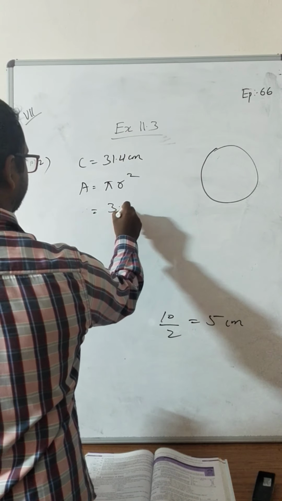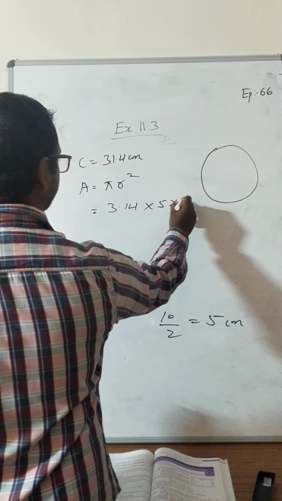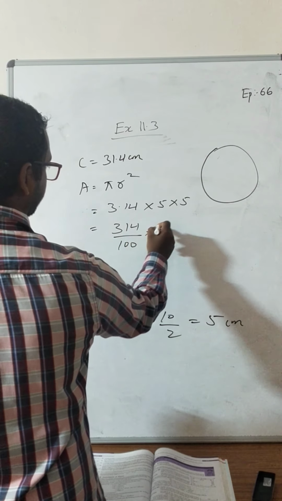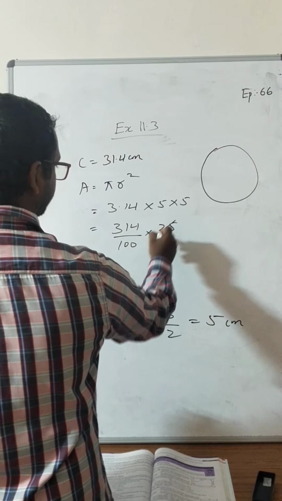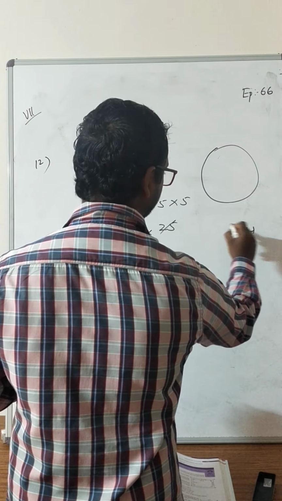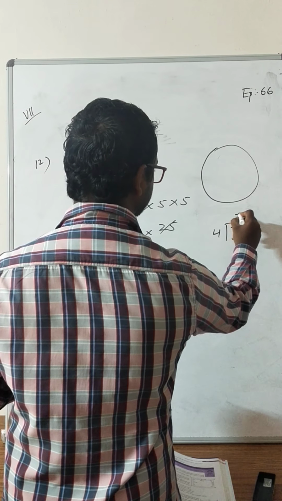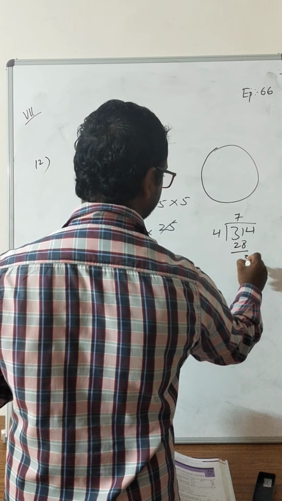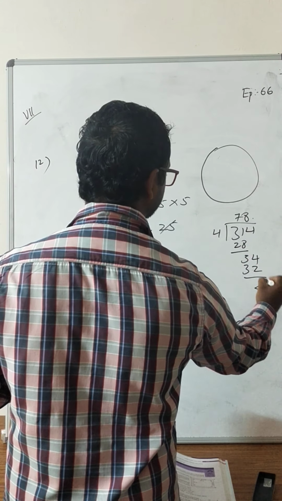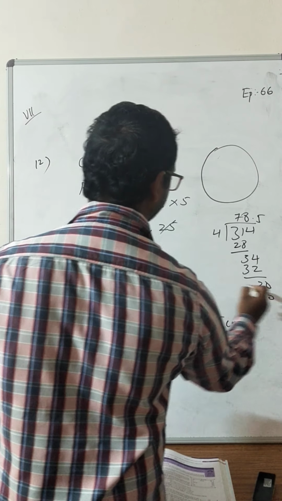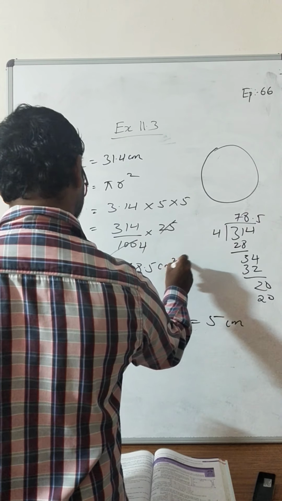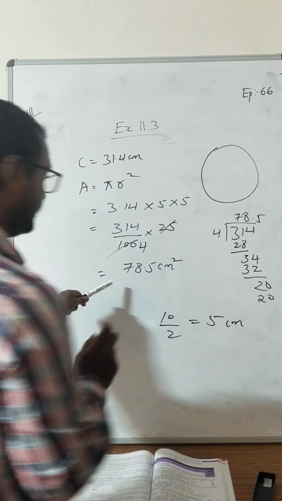Pi is 3.14 into radius 5 into 5. So 3.14 is 314 divided by 100 into 5 into 5 is 25. 25 can divide 100 by 4. So 314 by 4 is how much? 4 7s are 28, 3, 4 4s are 16... So the answer that I am getting is 78.5 centimeter square. That is the area of the circle.